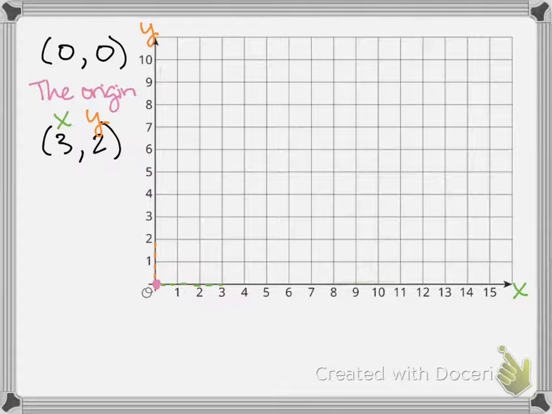So I'm going to start at this 3, and I need to go up, and I'm going to go to that 2, and I'm going to go over, and I'm just going to keep going until I get to a point where these two are going to meet, which would be right here in this corner. So that is where (3, 2) is going to be. And sometimes people like when you label your points, so I'm going to do that. This is (3, 2).